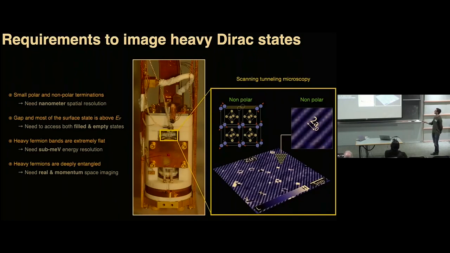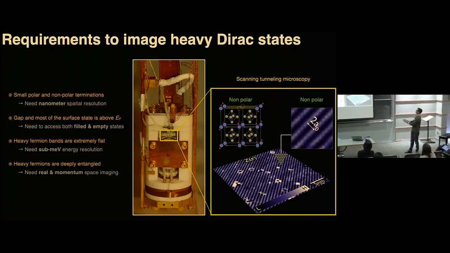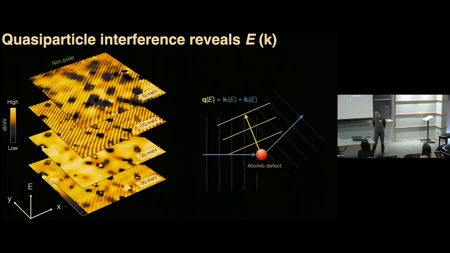Here are some of our images of the non-polar regions of SmB6. You can see these rows of atoms, and every other row is missing, which is why we identify it as this, I'll sometimes call this the 2x1 reconstruction. On that surface, we measured the dI/dV, the differential conductance.